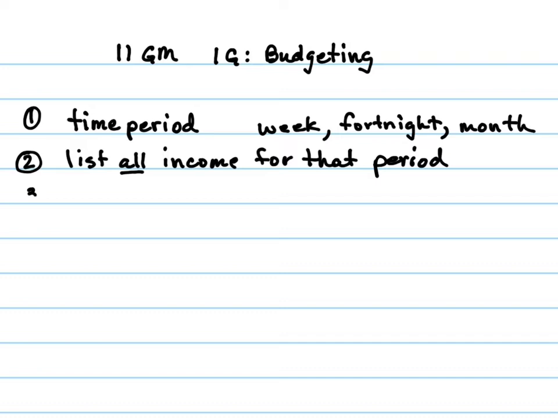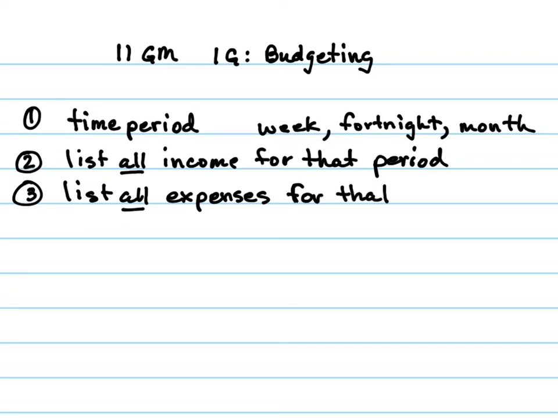Then, third, you want to list all expenses for that period. Now, this could get a little funny because most of your bills, if you were running a household, your electric bill, etc., would come in monthly.